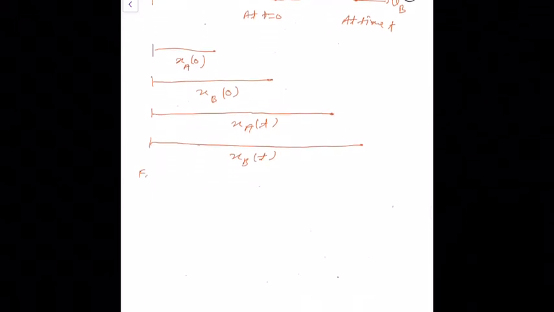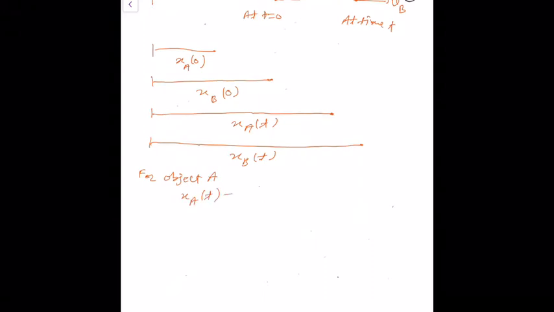For object A, xAt equal to xA0 plus VAt. It is equation first.